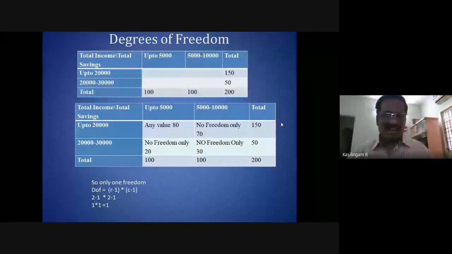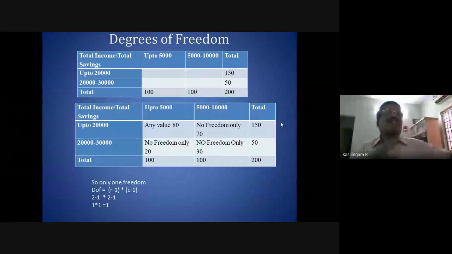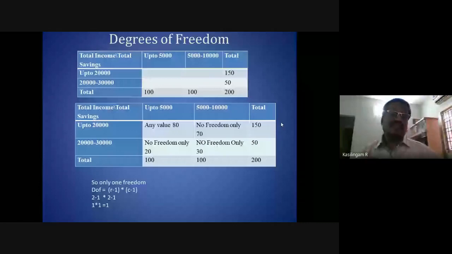Minimum you need to have 45. So that is why they tell some magic figure: the sample size should be more than 50. Then only your answer will be reliable. See, it is a system. Whatever you put, it will do.